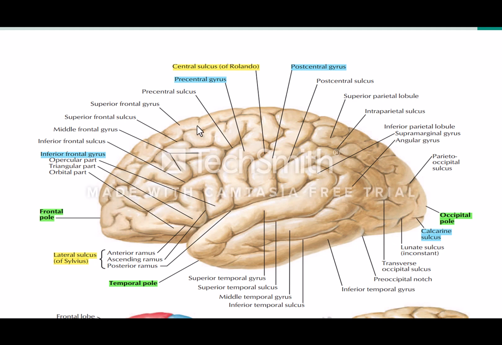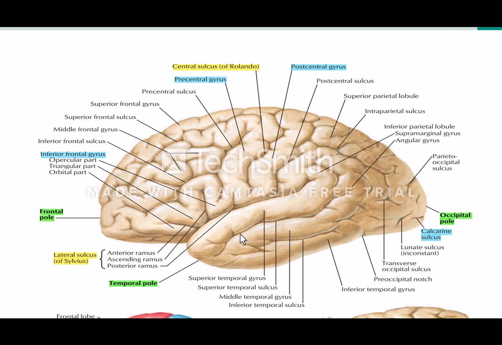So this is our frontal lobe. The frontal lobe has a superior frontal gyrus, a middle frontal gyrus, and an inferior frontal gyrus.